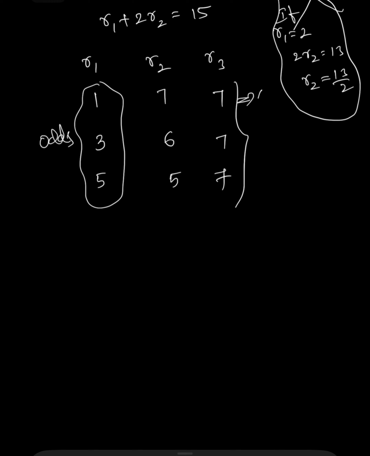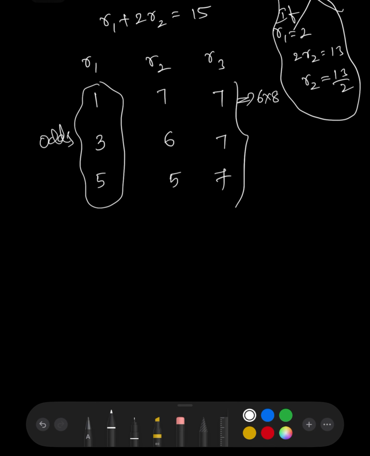If you find those values, the first is 6 into 8, because 7C7 is nothing but 1. The second term is 20 into 7 into 8, and the third term is 6 into 21 into 8.